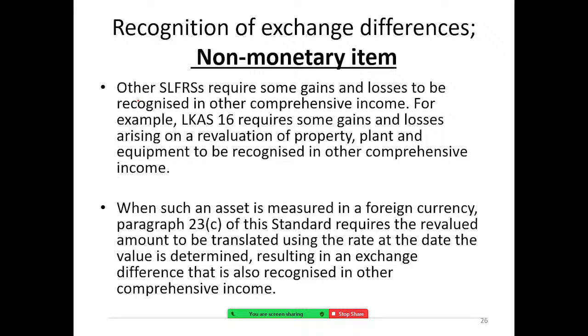When such an asset is measured in foreign currency, paragraph 23 of the standard requires the revalued amount to be translated using the rate at the date the value is determined. That means fair value. We have to take the exchange rate at the time of valuation, resulting in exchange rate differences that are also recognized in other comprehensive income.